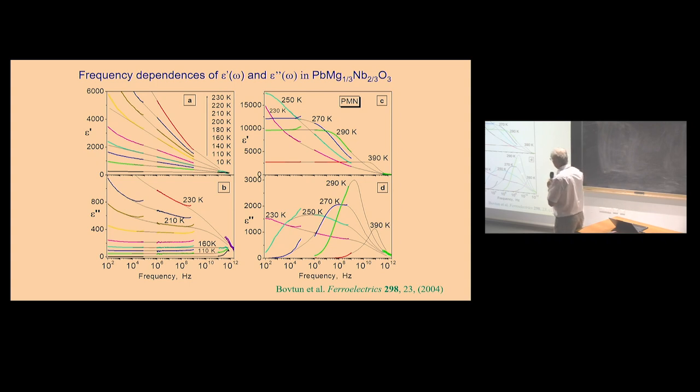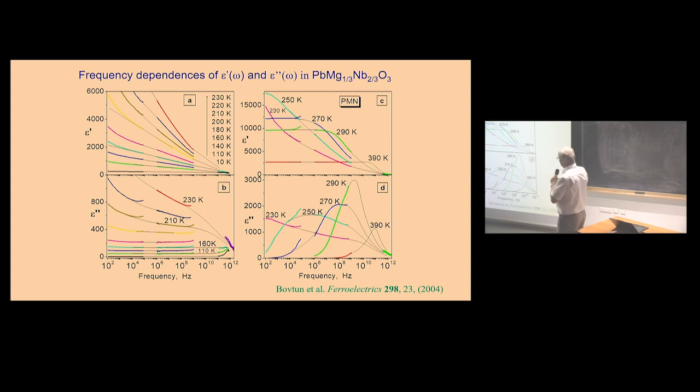And on cooling, you see softening of such relaxation and broadening. And finally, below 200 Kelvin, there is flat dielectric loss. These data are below 230 Kelvin. So permittivity shows just a straight line in logarithmic scale, and loss is practically frequency independent.